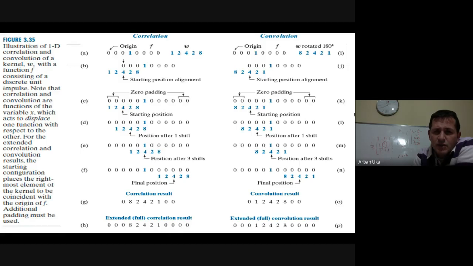Whenever we do the correlation, we just put the kernel on top of the function and slide it over.